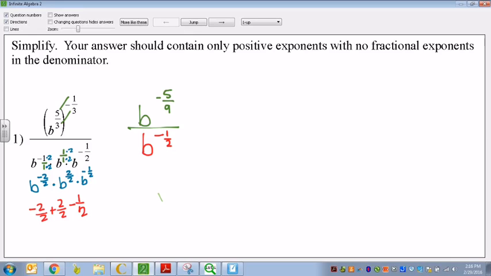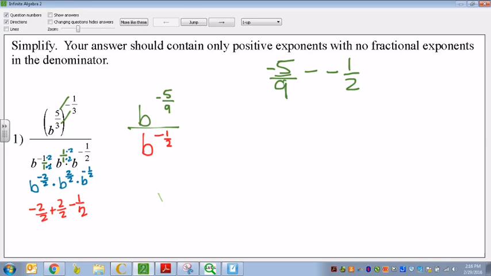All right, the final thing I need to do is combine these two, and when I divide with exponents I subtract. So let's do my work off to the side here. If I subtract, I'd have negative 5/9 minus negative 1/2, because when I divide, there's the subtraction operation, and it just so happens that the exponent in the denominator is negative.